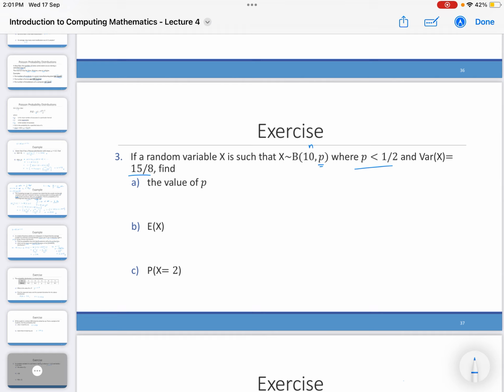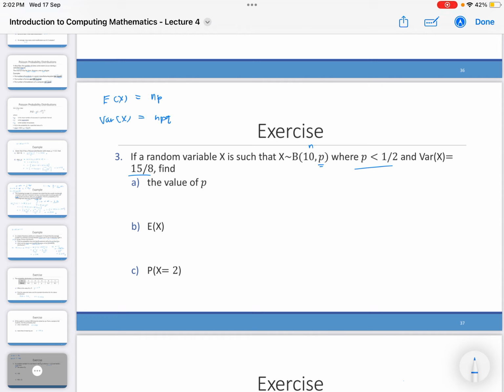For this one, we can use whatever formula we have. We know E of x equals n times p, and the variance of x equals n times p times q. We don't have E of x, but we have the variance, which is 15/8.